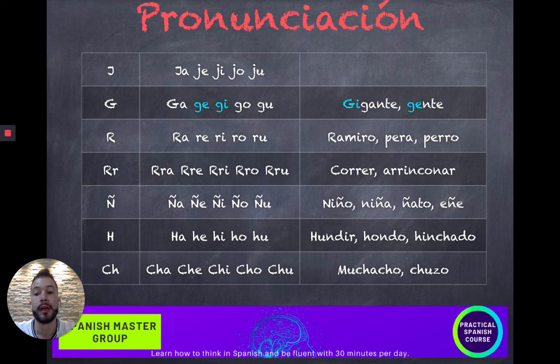R. The light sound of R is ra, re, ri, ro, ru. To pronounce the light sound is just like one hit to the palate. But the double R is the strong sound. Ra, re, ri, ro, ru. That's the strong sound of the R. How to pronounce that?